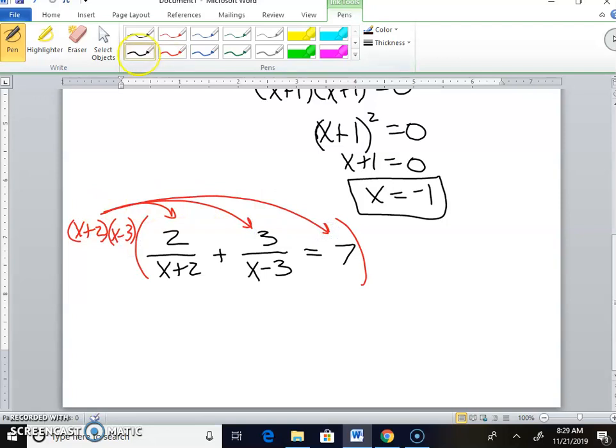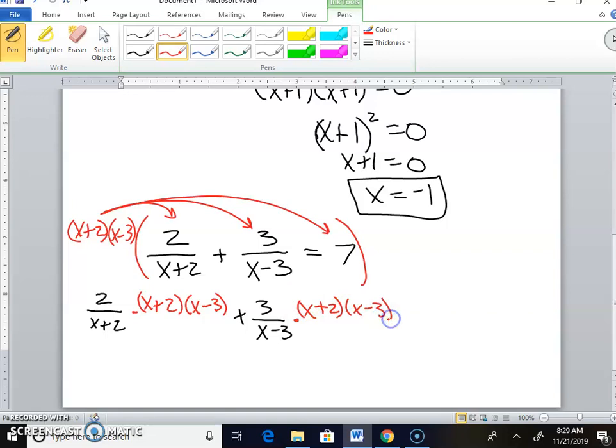So I'd have a 2 over x plus 2 times x plus 2 times x minus 3, and then a plus 3 over x minus 3 times x plus 2 times x minus 3. Then that would equal a 7, and that 7 I'm also taking times x plus 2 times x minus 3.